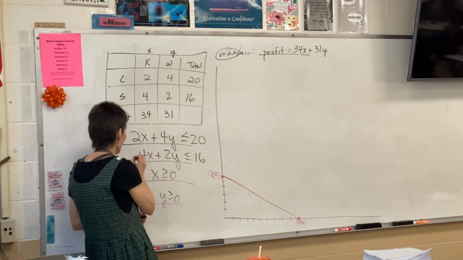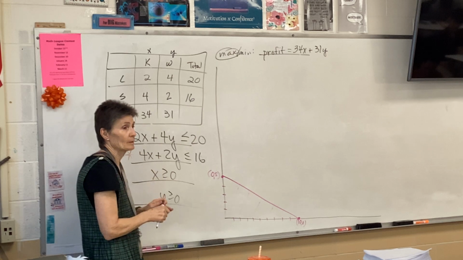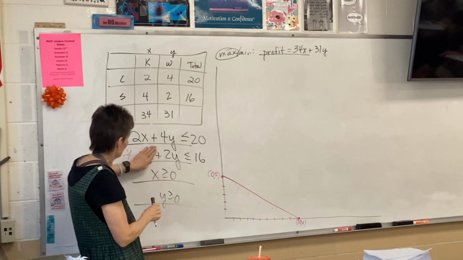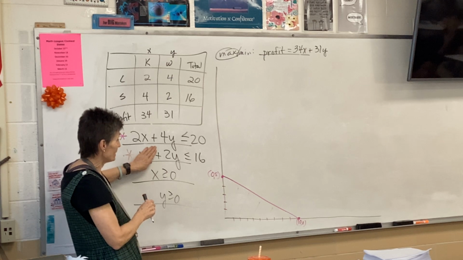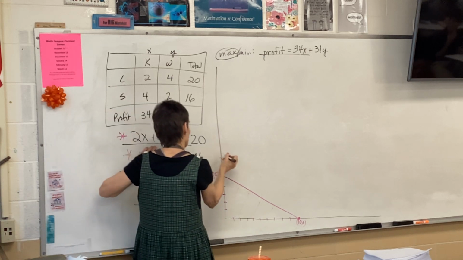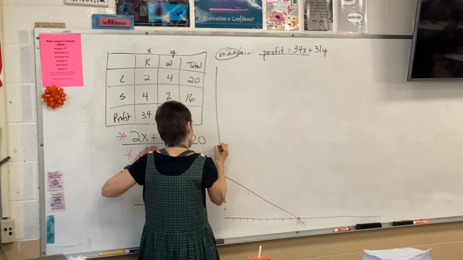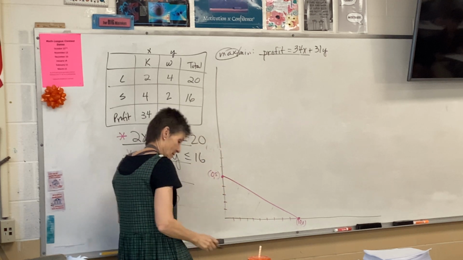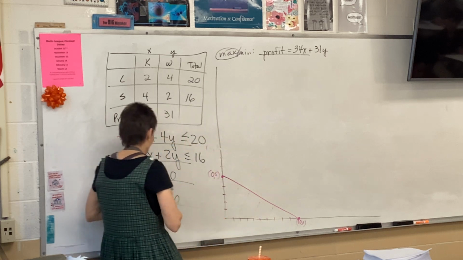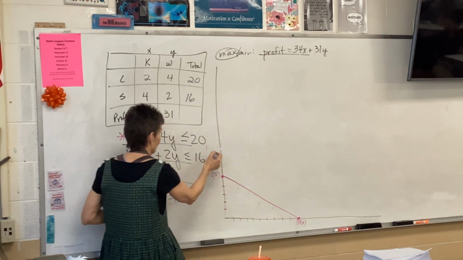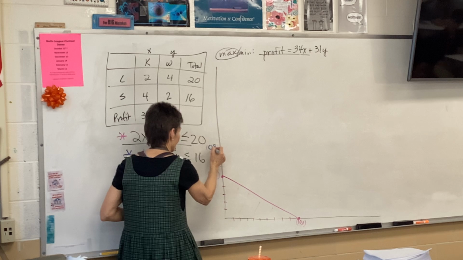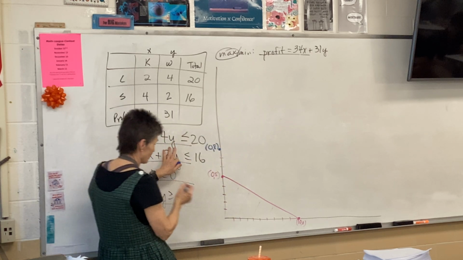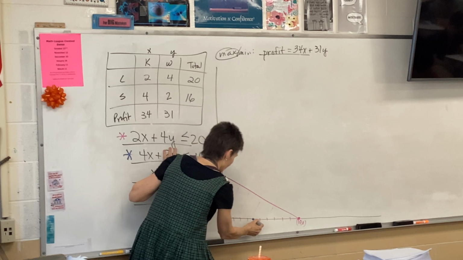Now, what about my brown equation? Well, if I cover up x, y is 8. Maybe it will be brown. It's going to be blue. And if I cover up y, x is 4.